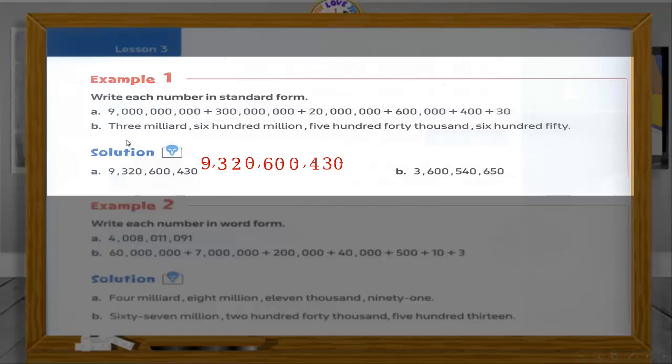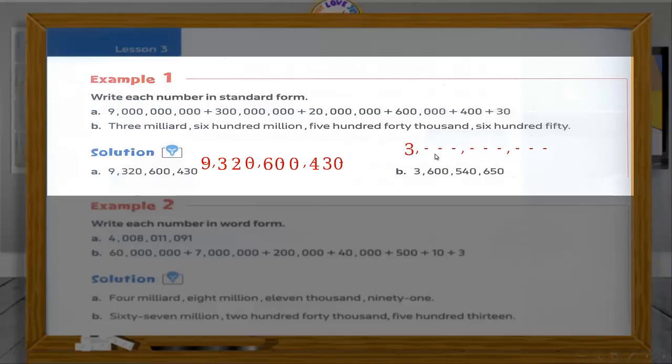Next one, if you have a number in word form like this, 3 milliard, milliard means you have 4 periods. 3 in the milliard place, write 3. 600 million: this period, the name of this period is million.